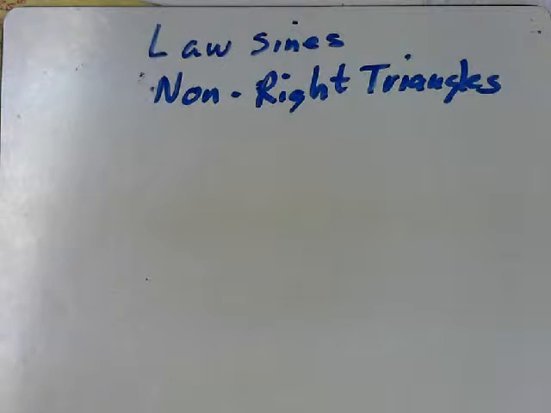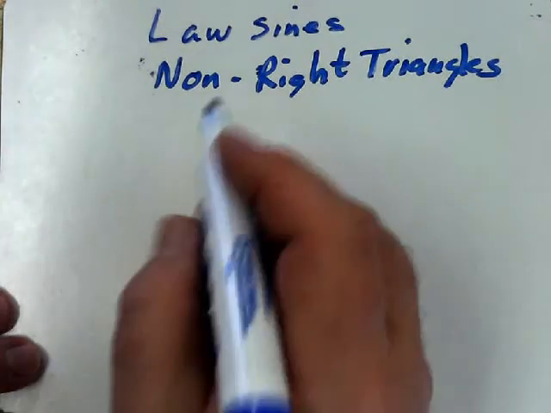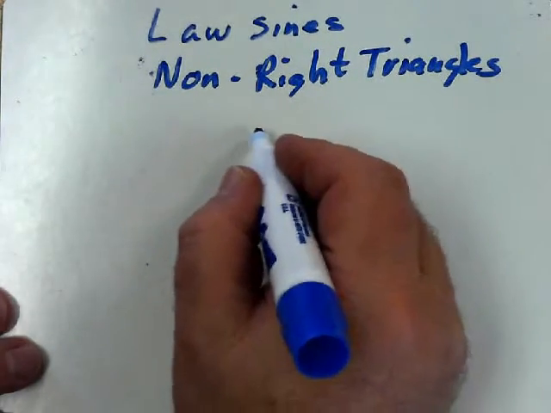Everything that we've worked with so far with sines, cosines, and tangents, there was always a right angle. Correct? Sine was opposite over hypotenuse, cosine was adjacent over hypotenuse, tangent was opposite over adjacent, right? Well, what happens if I have a triangle that is not a right triangle?